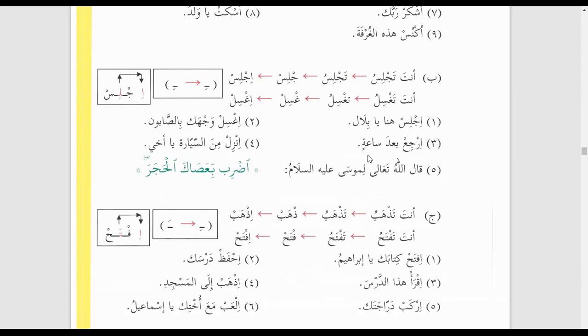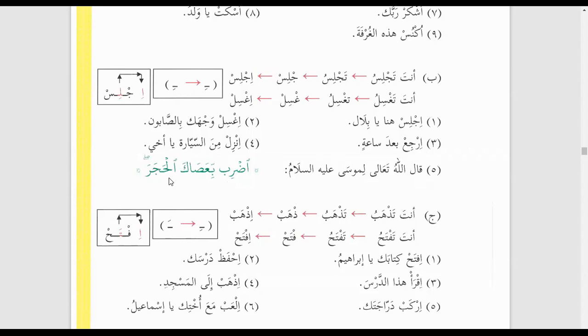Irji ba'da sa'atin, come back after one hour, or return after one hour. Raja'a yarji'u, and then it has become irji'. And similarly, nazala yanzilu, inzil min as-sayyarati ya akhi, get out of the car, oh my brother. And then qala Allah ta'ala li Musa alayhi salam, idrib bi'asaka al-hajar.